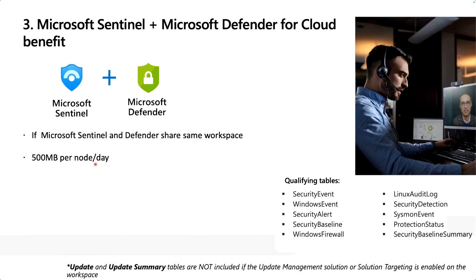Per node per day applies whether you have a web server, database server, file server, or application server. It doesn't count toward physical servers, it counts toward virtual servers, basically per node per day, 500 megabytes. And from our experience, in most cases, it's basically non-billable monitoring of your nodes. Qualifying tables are listed on this slide. So that's another place where you can optimize as well.